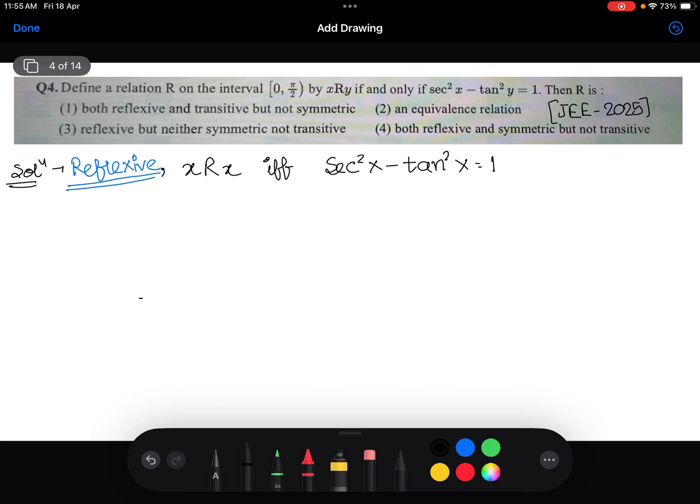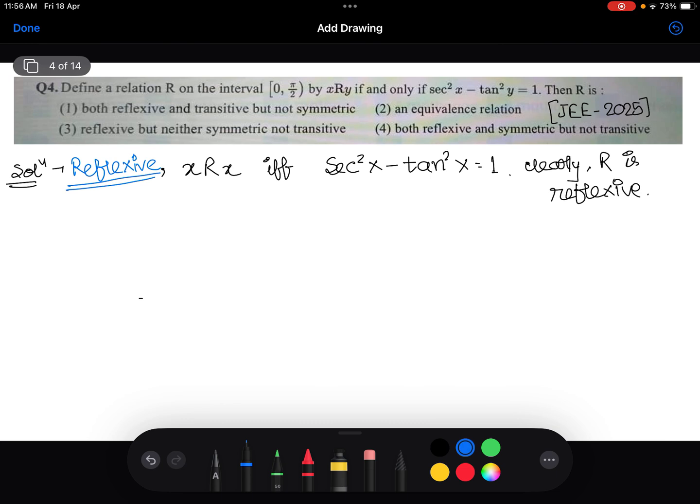This is obvious because this is the identity. In this domain (0, pi/2), we know this is an identity. So clearly R is reflexive. We have no issue because we know the identity. There is no doubt about that.